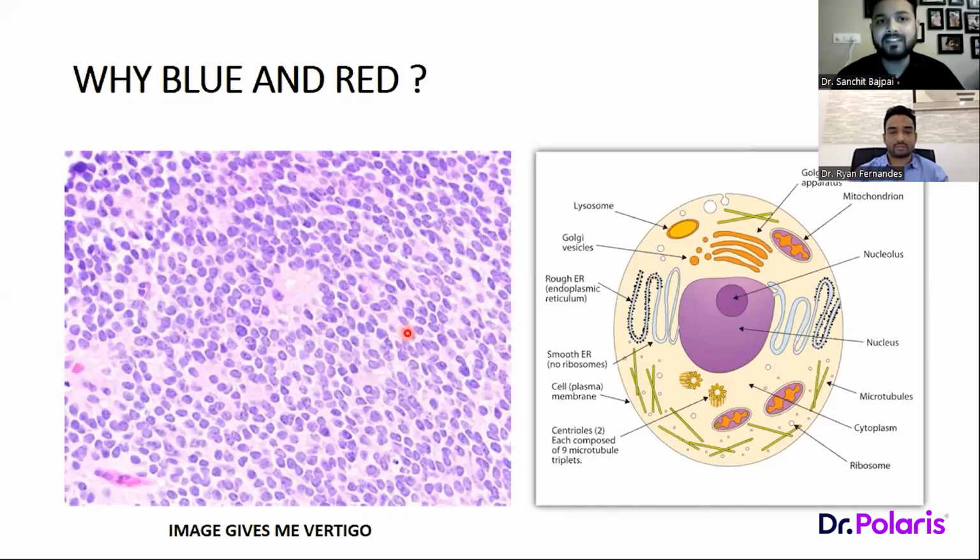So in order to make things simple, whatever you are viewing under the microscope, they are all cells to begin with. Now, if you take out one cell from here, you can see this is the cell that we have here, right? Now, the cell, as we know, is made up of a cell membrane outside, and it has something called a protoplasm inside, which is again divided into cytoplasm outside, and in the center, there is a nucleus.